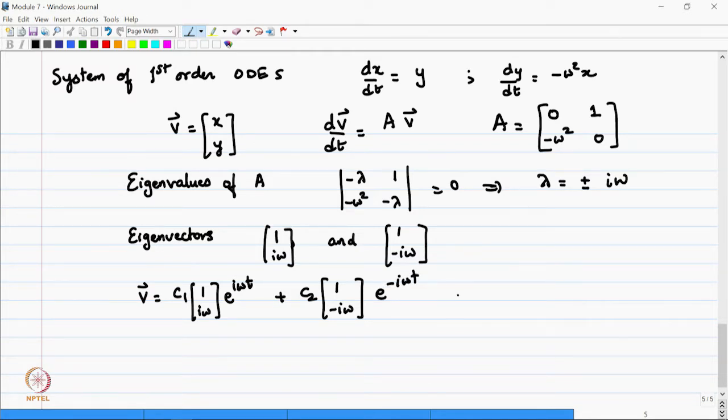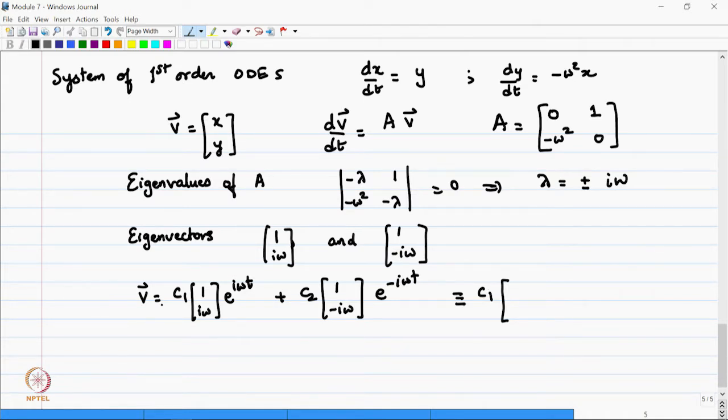Or equivalently, I can write this in terms of sines and cosines, if I do not want to write in terms of imaginary functions. So e to the i omega t I can write as a sum of cosine and sine. With a few manipulations, I can write it in terms of constants.